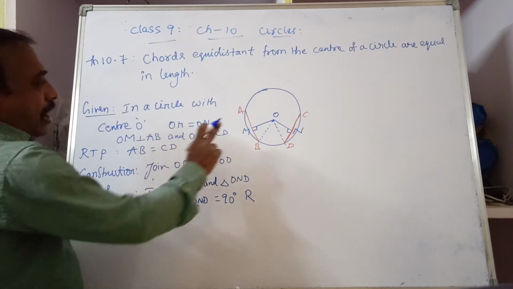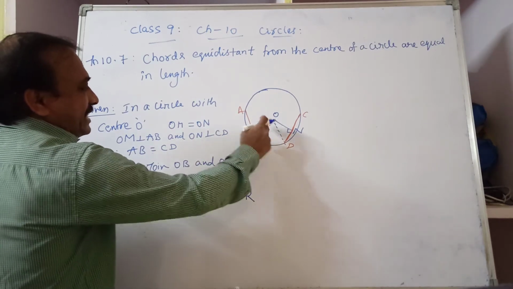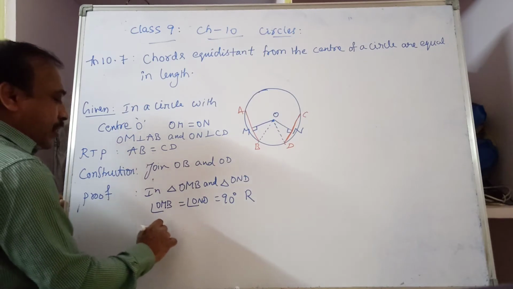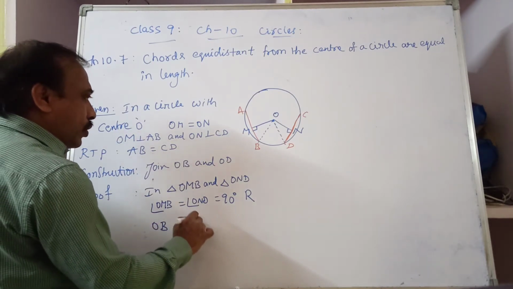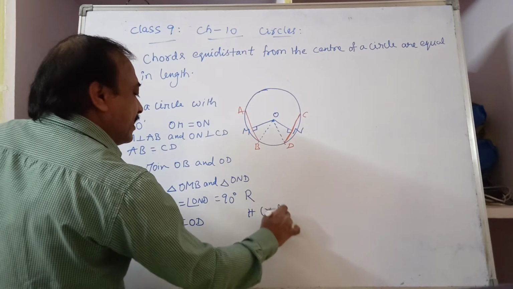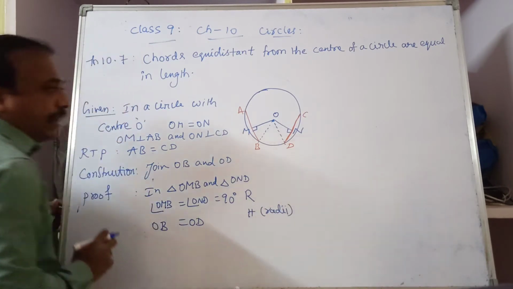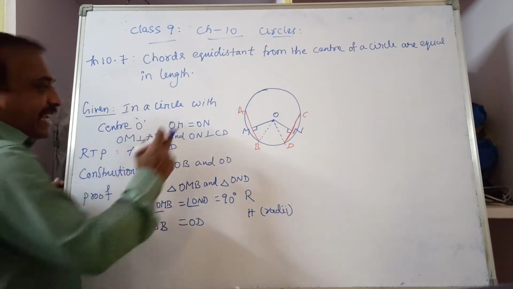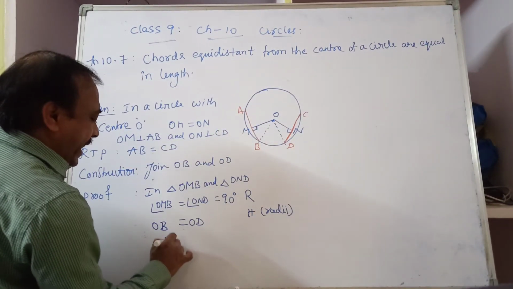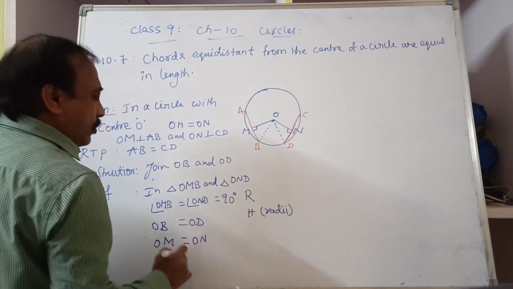Opposite to 90 degrees is the hypotenuse: OB is equal to OD, because they are radii of the same circle. And one more is given, OM is equal to ON.